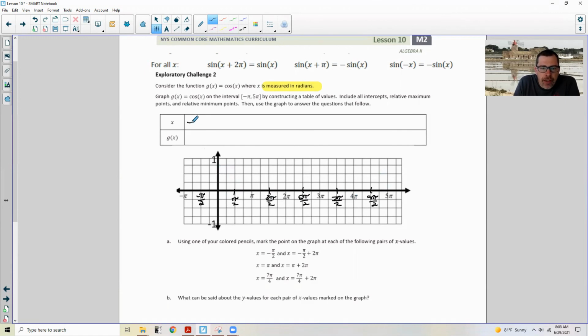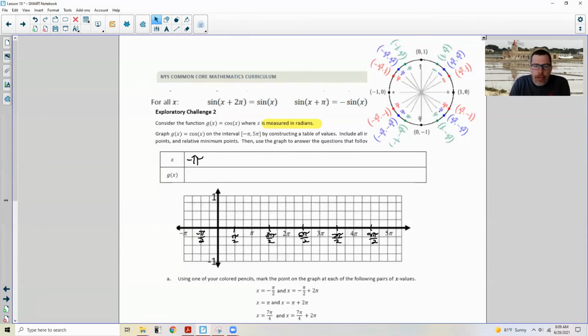So if I take negative pi, and again, let's recap the unit circle. Here is the unit circle again to make reference to. Hopefully you have learned this and you can identify that that's a 30, 60, 90 triangle right here. But we're not talking 30 degrees anymore.